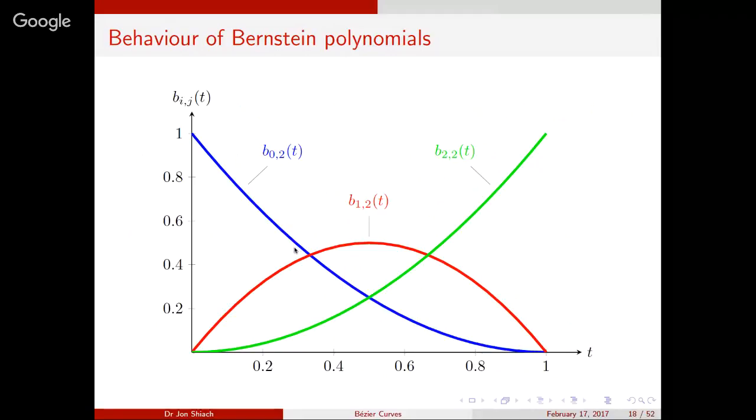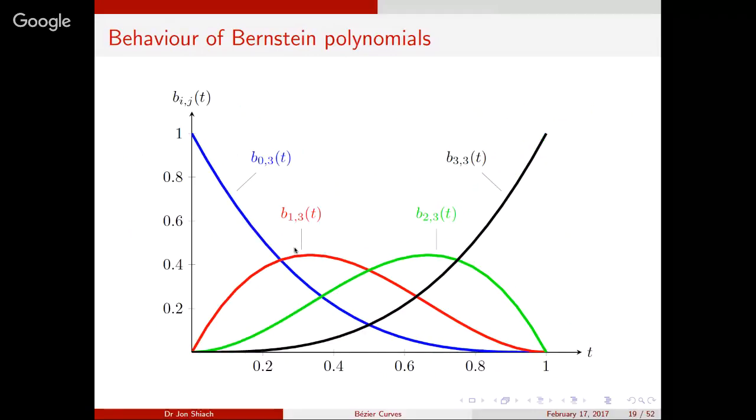In the middle, you can see that the middle control point has most effect, with the two end control points having equal effect. And as we go up in t, eventually the final control point will take over. Okay, so that's how those Bernstein polynomials affect the behavior of the Bezier curve.